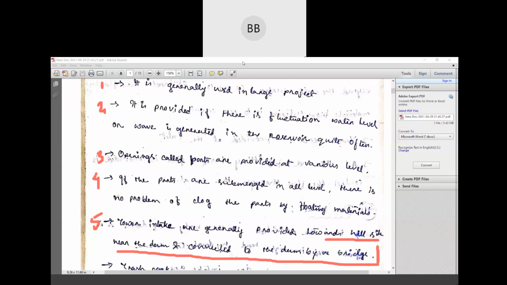Everything is similar; only the first chamber you have drawn for wet tower intake is not there for dry tower intake. That's why it's written that tower intakes are generally provided towards the hillside near the dam and connected to the dam by a bridge.